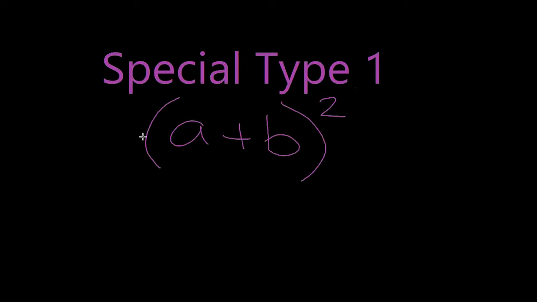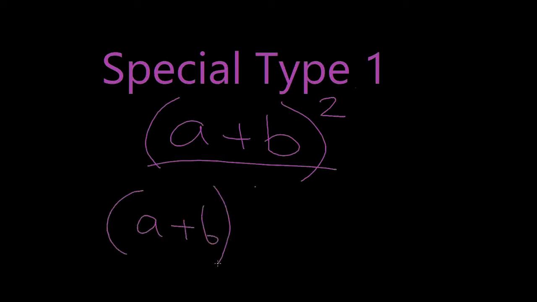The reason why this is a binomial is because, as we should know from our previous lessons, this to the power of 2 I can see up there basically means that this is times by itself. So what we're actually seeing here is A plus B, A plus B together, because we're timesing it by itself.